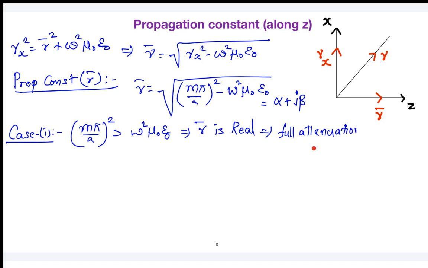So what is your desired case right now? It's the opposite. This term has to be higher than this one. Then your gamma bar is purely imaginary and your real part will be 0, which means your attenuation will be 0.